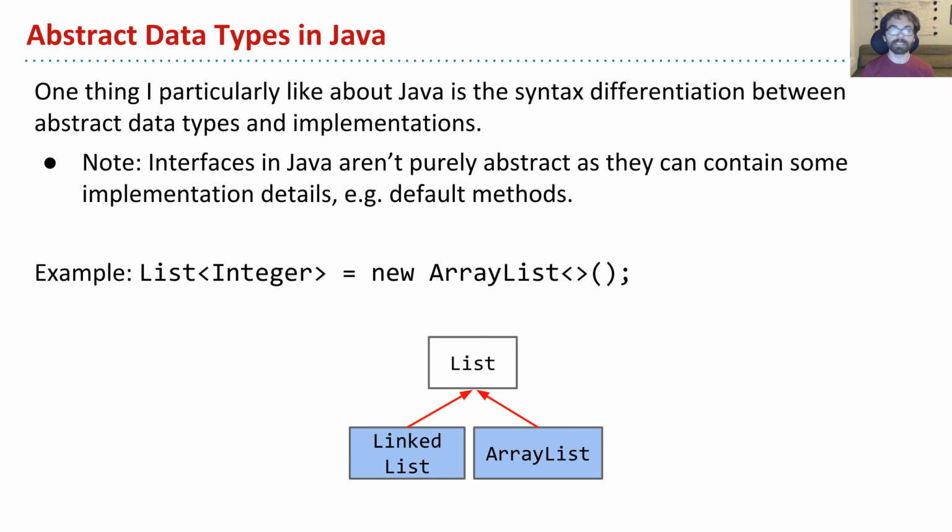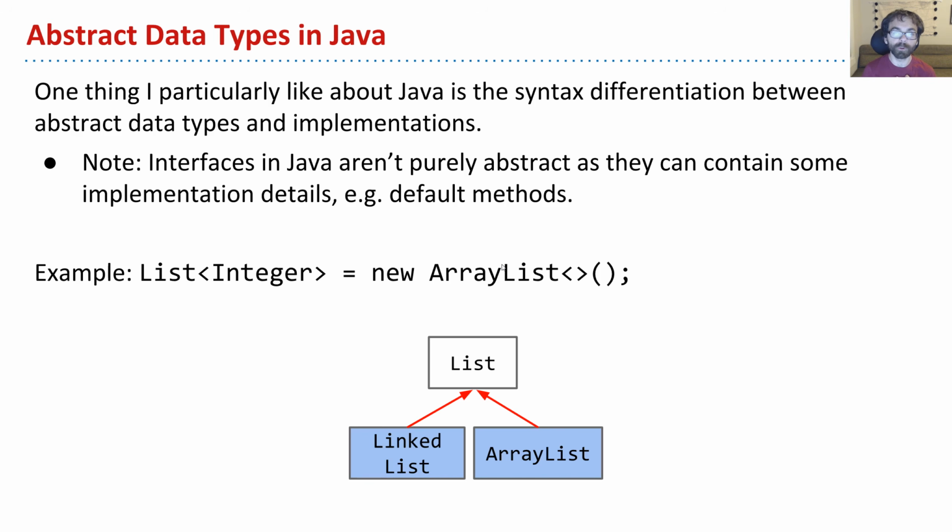So now that we have a sense of what different abstract data types might look like, other than the ones we've already seen before, I will tell you about some important ones in Java. As you've seen before, we can write lines of code like this, where we tap into the java.util library and say, I would like a list of integers, and in particular, I would like a new array list.